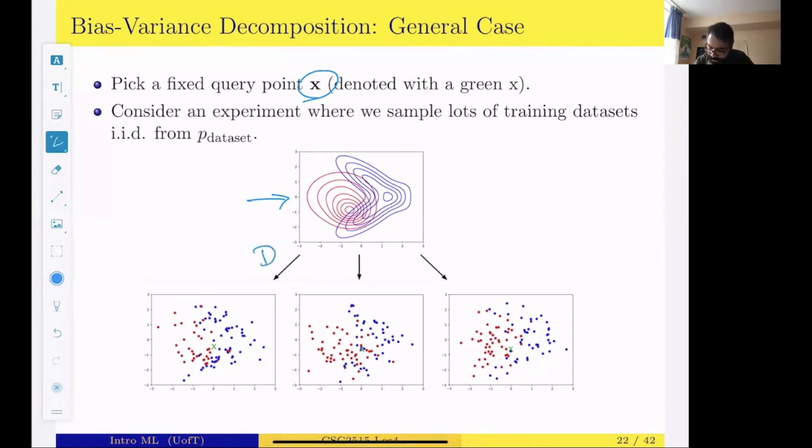So this is data set, for example, D1. You see there's a bunch of data points, red and blue. I get another data set D2 from the same distribution, and I get a different set of data points. Again, from the same distribution, but the specifics of those data points are different. And the same for the others.